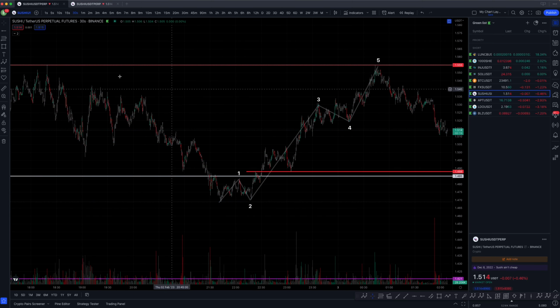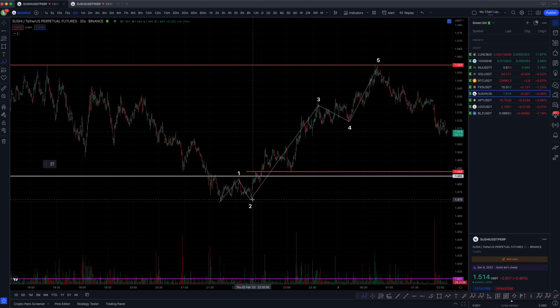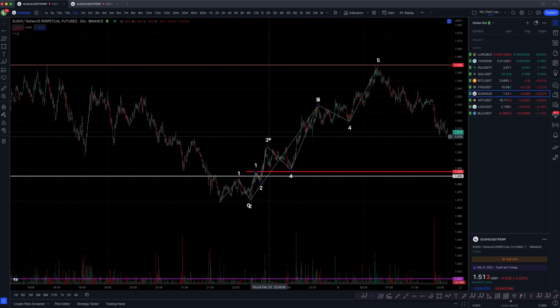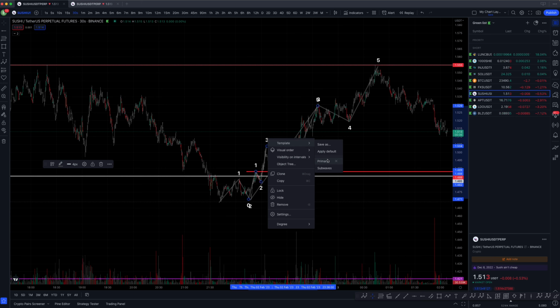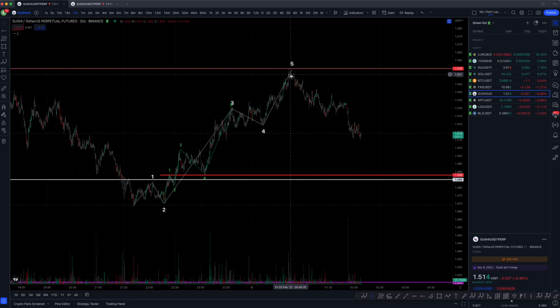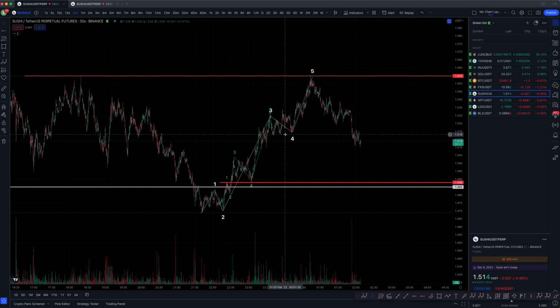Okay, so what I'm saying is, for this structure 1 2 3 4 5, right? So 1 2 3 4 5. Although it's very choppy and messy, if you force it, that's what it is.